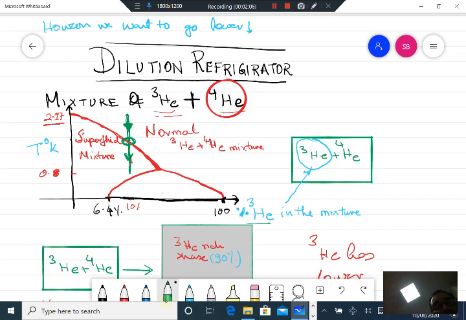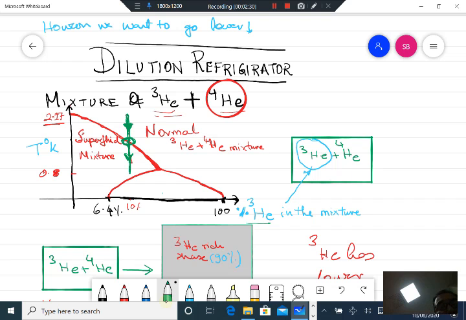So here it is a normal liquid of helium-3, helium-4, and you are cooling down this liquid. Below this, it goes into the superfluid state, and this is where the properties of the mixture are now very different. It loses all viscosity. It goes into the superfluid state, but this superfluid state is not very important from the point of view of cryogenics, when you want to generate low temperature.